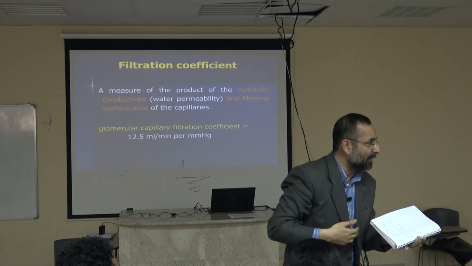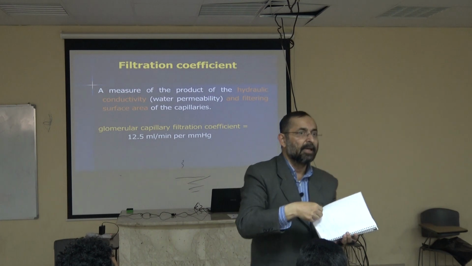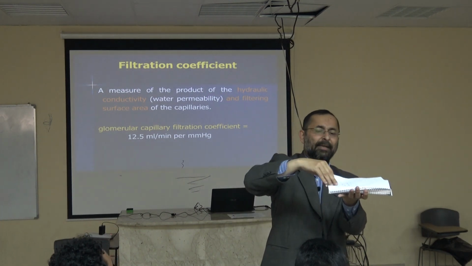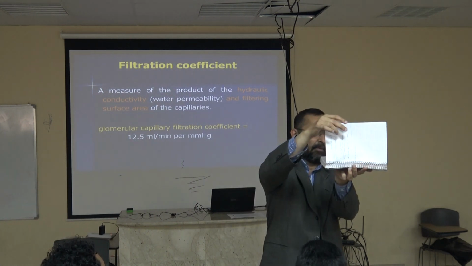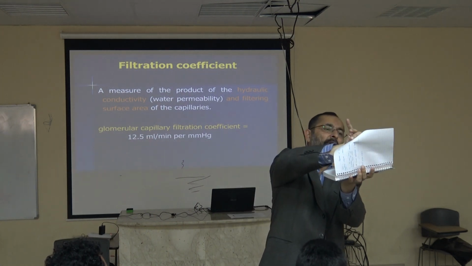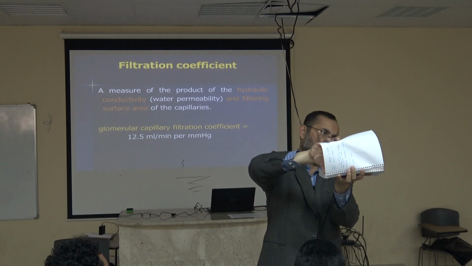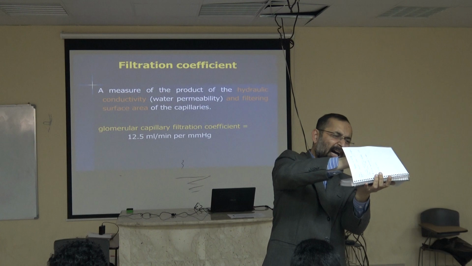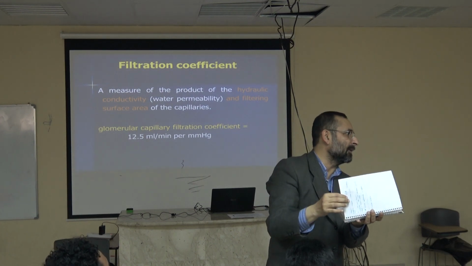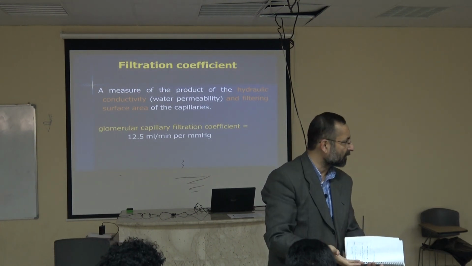This is called the permeability, passing through the pores, okay? Look at this one please. Many pores are present here at the base, all right? If all the pores are open, what will happen to the permeability, good or bad? But if I close half of the pores, what will happen to the permeability? Less, it will become half also, isn't it?